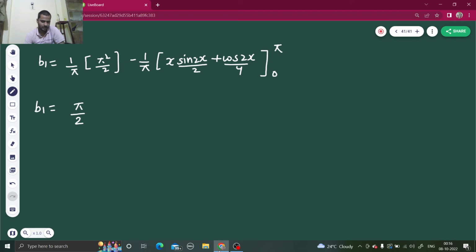So cos 2 pi is cos 360 degree, that is same as cos 0, which is 1, so 1 by 4. Minus lower limit, again this becomes 0, again cos 0 is 1, so 1 by 4. So this becomes anyway 0, so b1 you are getting as pi by 2. Okay.